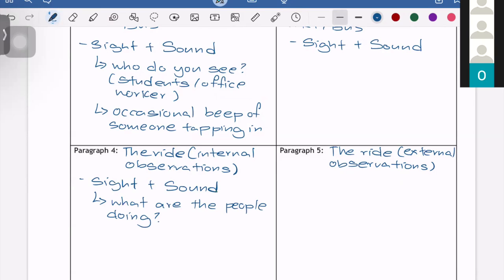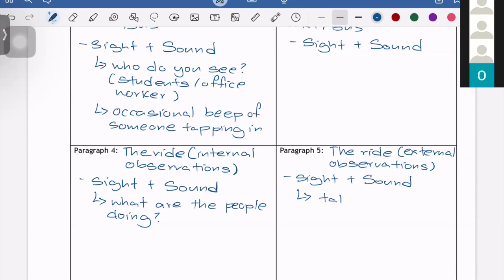They use their phone, they sleep, listen to music. External observations, this would be talking about what you see outside.